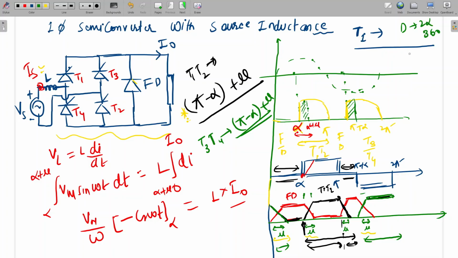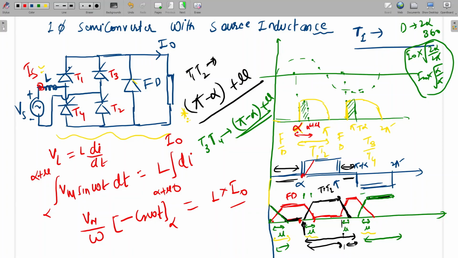So what will be the RMS value? I naught into 2 alpha divided by 2 pi, that is I naught into alpha by pi. That formula we already know. It means it is conducting for 2 alpha in 2 pi. Now what is happening if freewheeling is happening? The diode starts conducting from here up to alpha, and here mu.